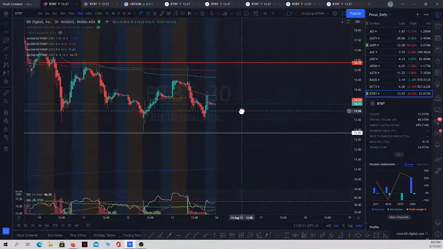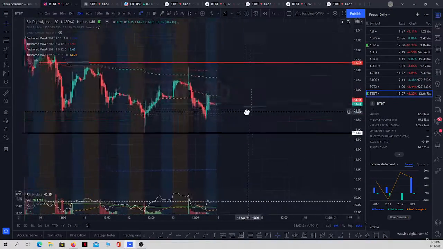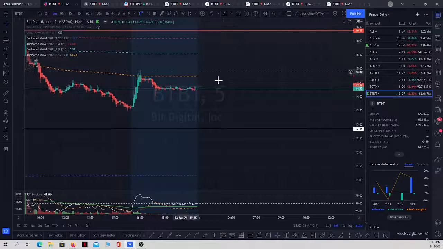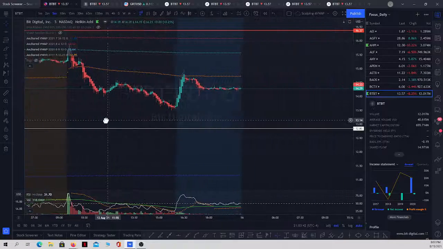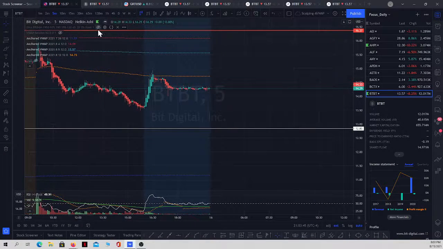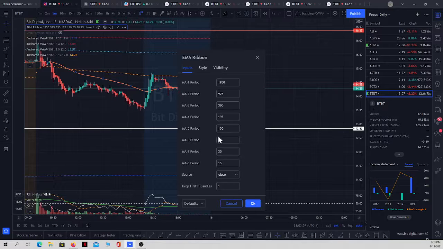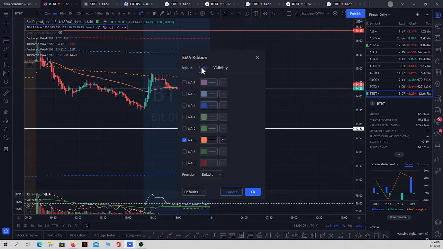So what we're gonna do actually is, if we're gonna do scalping for this, aiming for some kind of price movement next day, I'm gonna go to the 5-minute chart and display the 5-day moving average for the 5-minute, which will be around 390 moving average.